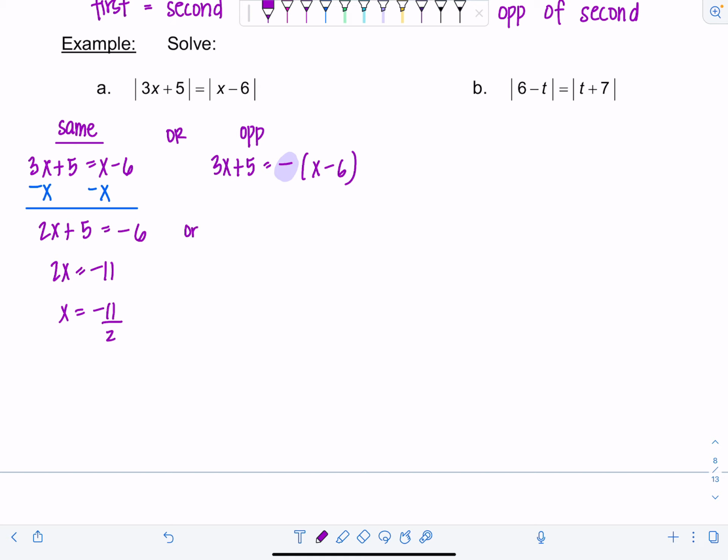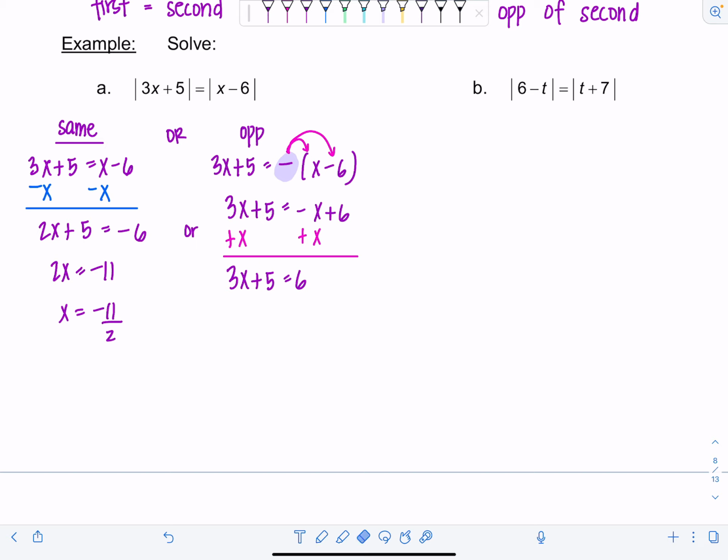Or, now watch this, this is going to be 3x plus 5 equals negative x plus 6. Do you see that? Watch out for that extra negative distributing. Let me go ahead and add x. Oh, you know what?